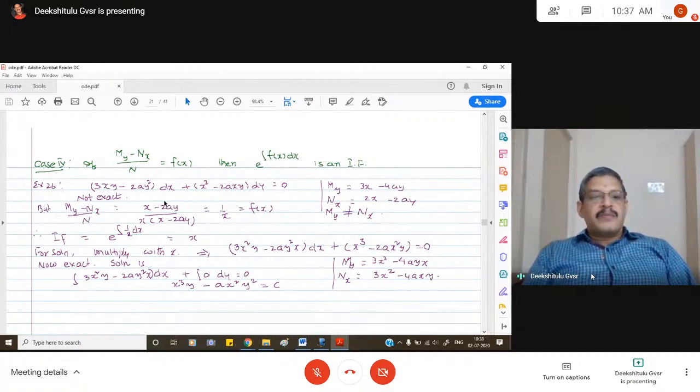So example, (3xy minus 2ay square) dx plus (x square minus 2axy) dy is equal to 0. Because this is M, dou m by dou y is 3x minus 4ay, and this is N, dou n by dou x is 2x minus 2ay. So clearly dou m by dou y is not equal to dou n by dou x, but you can observe that (dou m by dou y minus dou n by dou x) by n is (3x minus 4ay minus 2x plus 2ay) by n.